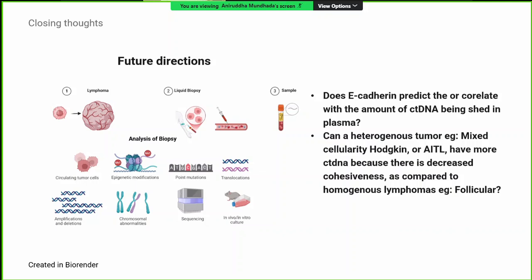Regarding the biology, we can take an example of DLBCL, which is a B cell lymphoma. Even if the B cells are getting destroyed, the T cells or other cells of the immune system, that feedback loop is disrupted.